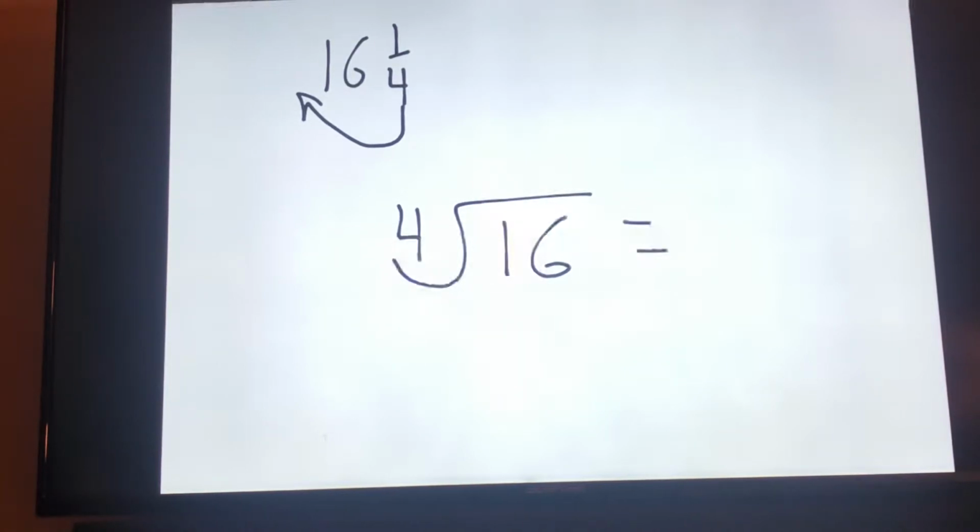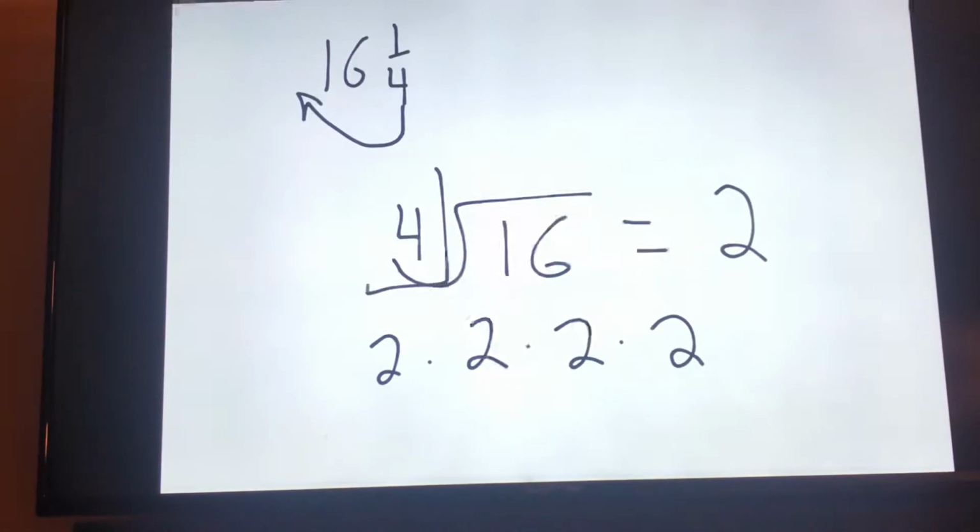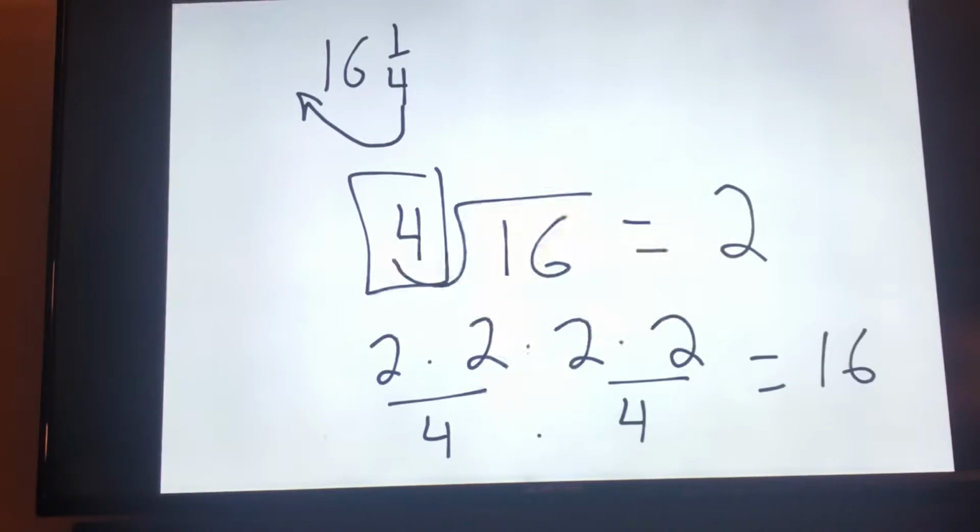Is there a number that's going to give us 16? When I talk about making 16, that means a number that goes 2 times 2 times 2 times 2. How many times do we do that? 4. So that's 4 and 4, which gives us 16. So what we did, we evaluated this exponential expression.